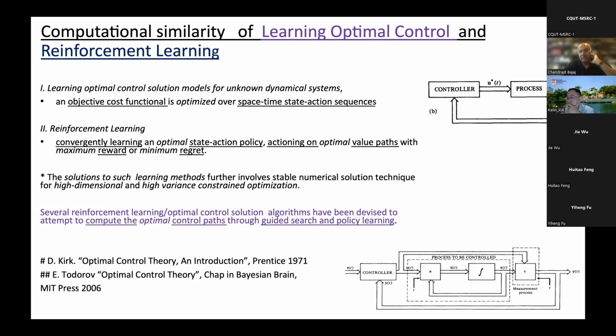And any approximation of the environment will not capture all the variables. It's just an approximation. So what one needs is a method of controlling by also learning the unknown dynamics.